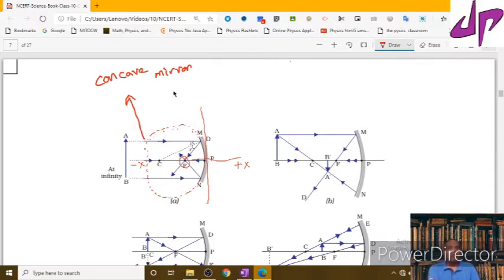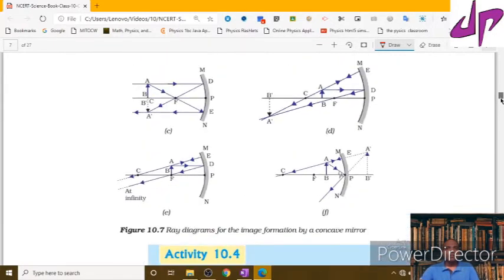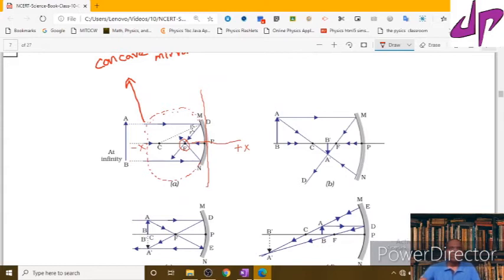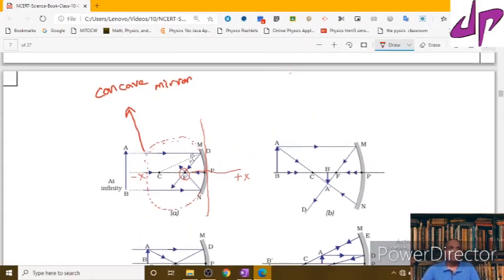But for a concave mirror, the focal length value is always negative, because of the radius of curvature. That is a small hint for this.